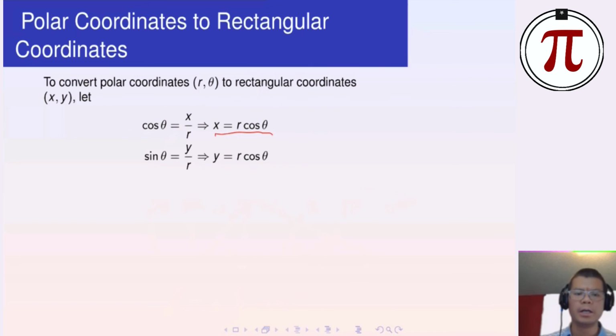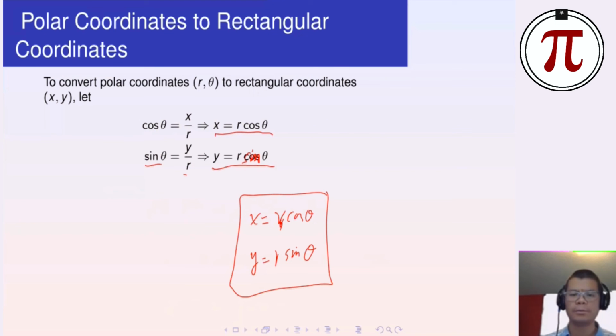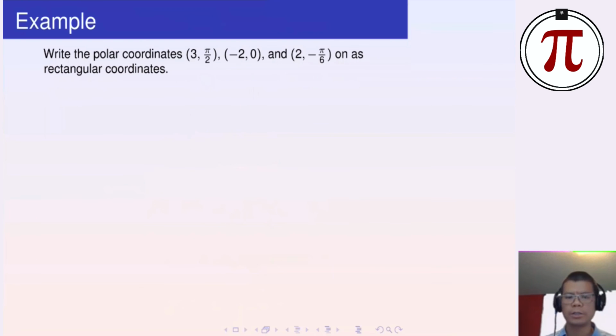Sine theta equals y over r, so y equals r sine theta. Basically, x is r cosine theta, and y equals r sine theta. Very simple.